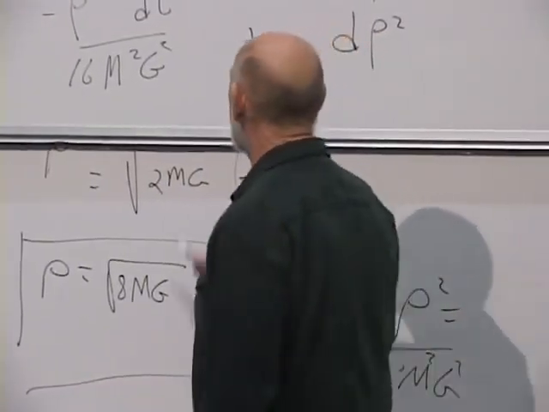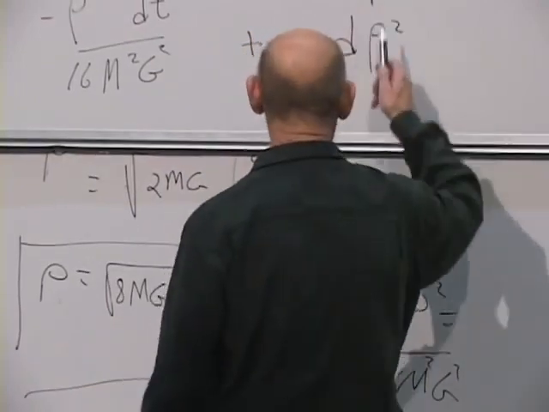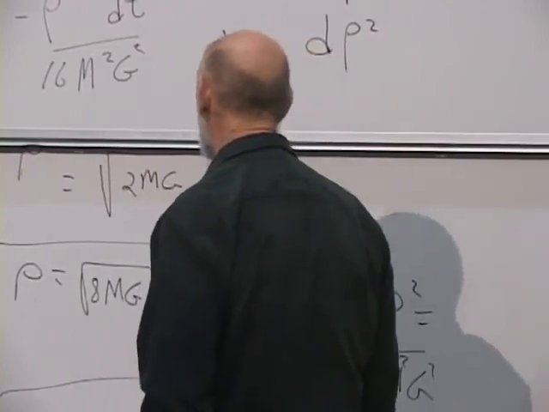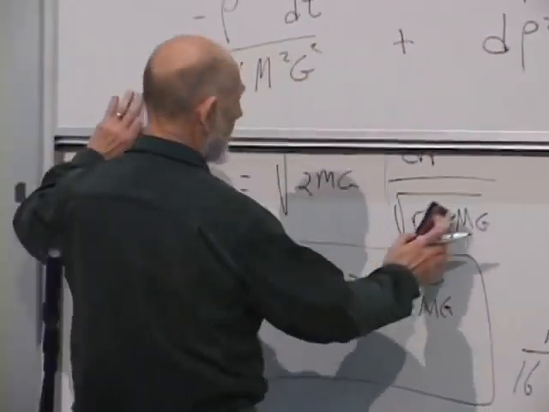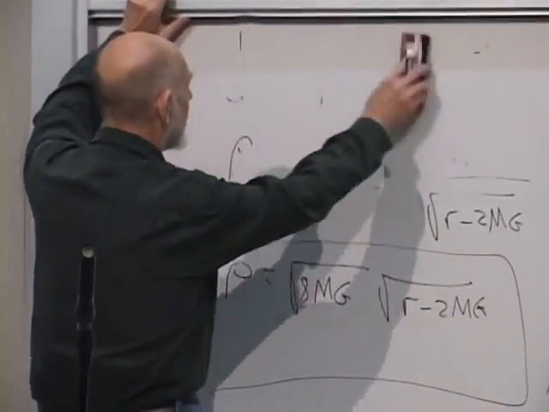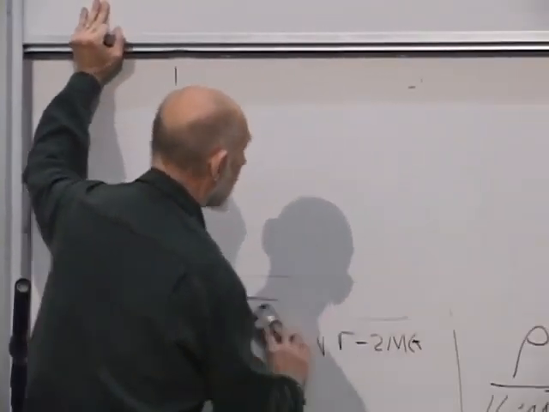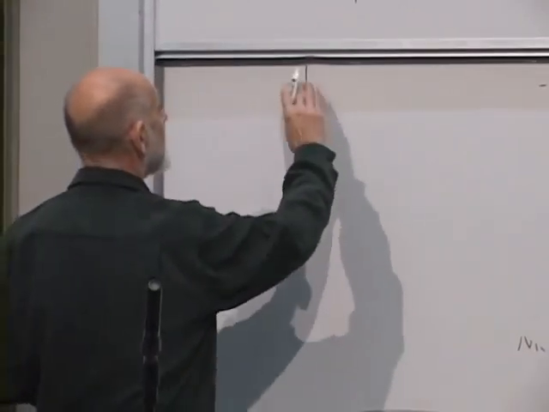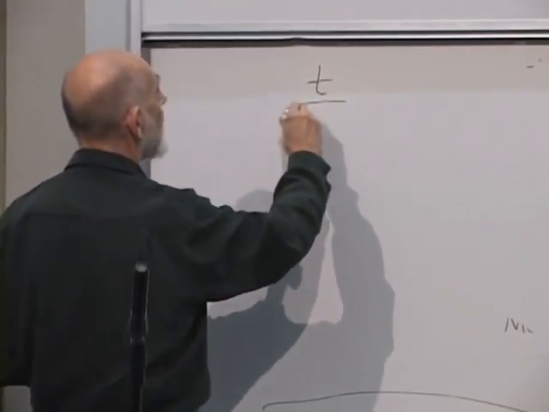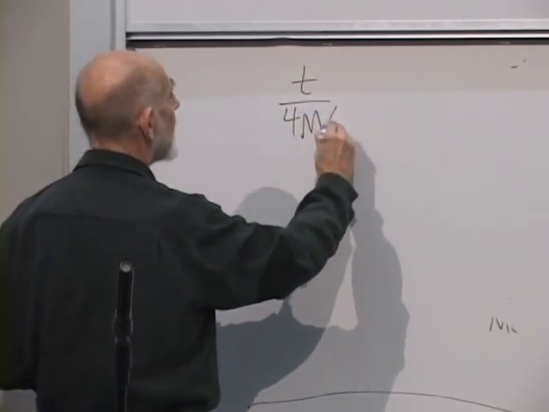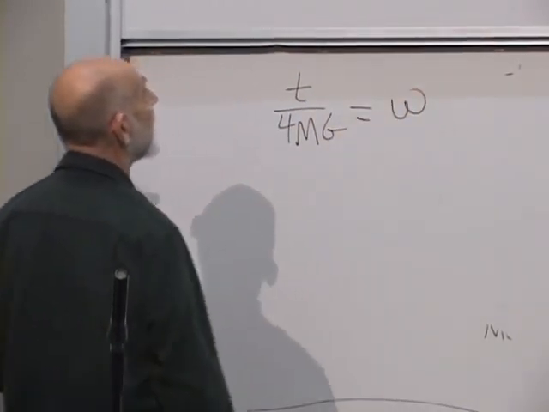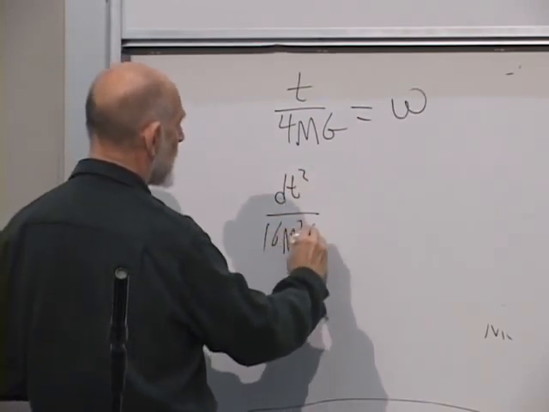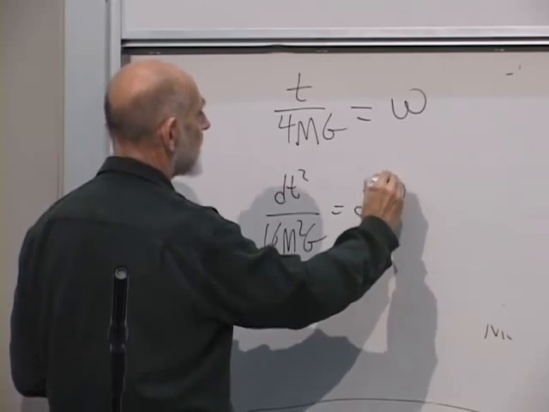Yeah, we say that we've changed the r variable to rho. Now we're going to change the t variable to omega. We've done all of that. Now just say that t over 4mg, call that omega. dt squared over 16m squared g squared is d omega squared.